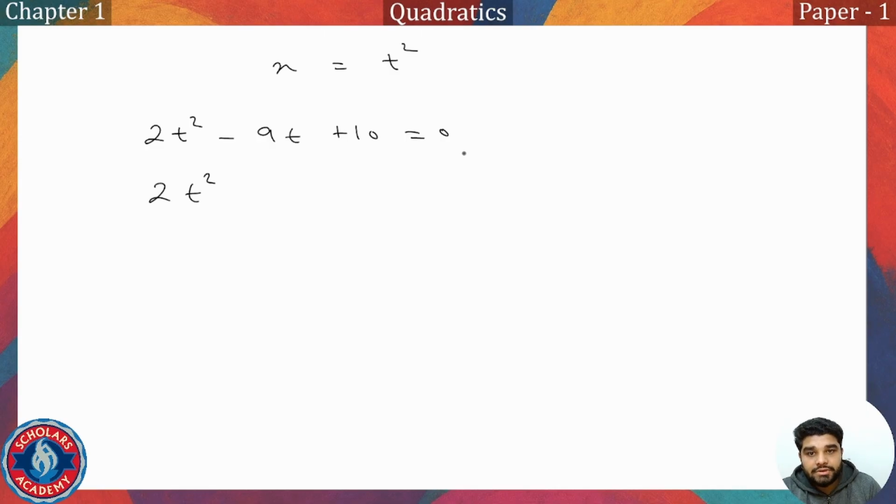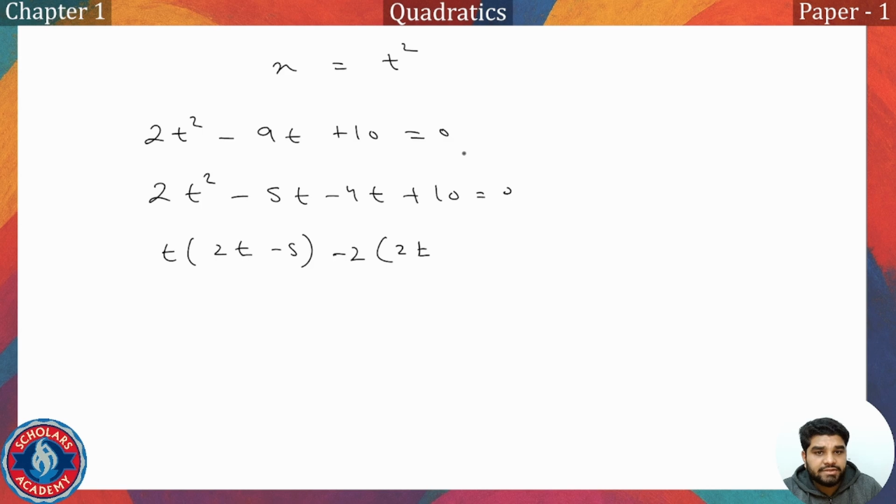So 2t square minus 5t minus 4t plus 10 is equal to 0. We'll take t common, 2t minus 5, and we'll take minus 2 common, we get 2t minus 5 is equal to 0.